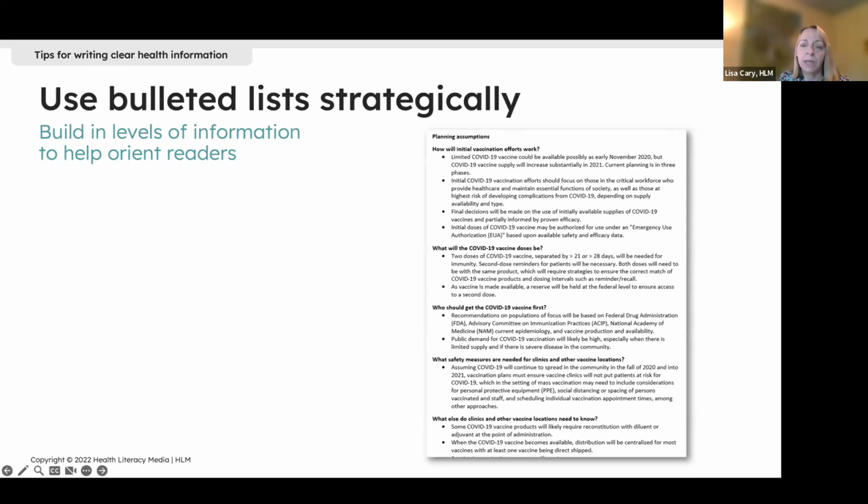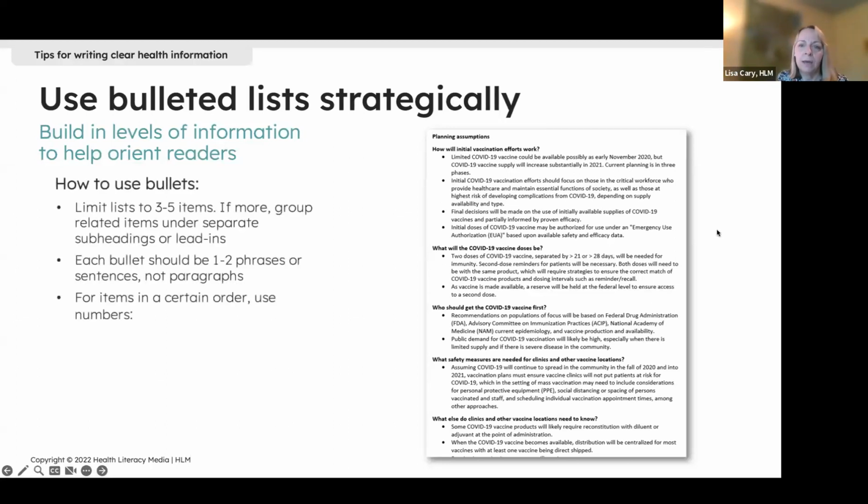And so this would be the answer that we would like, grouping the different bullets into related groups and adding these bold headings or lead-ins to them. So all of the bullets that are about how will the initial vaccine efforts work, all 4 of them are under that first chunk.